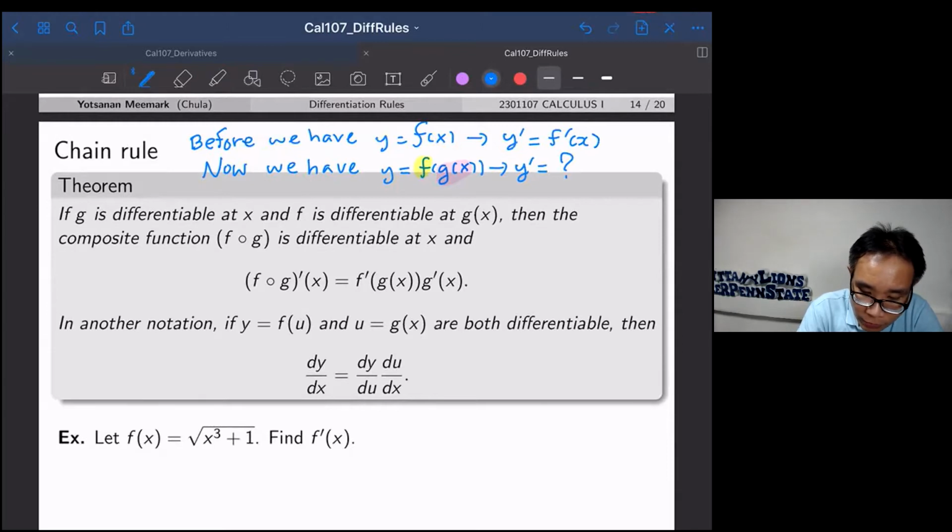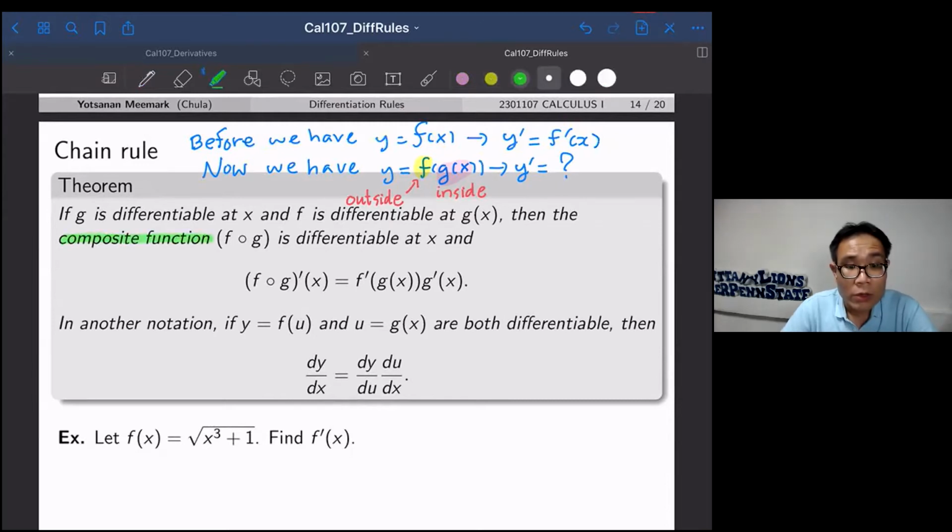When you have f of g of x, we're going to call g the inside function, and we're going to call f the outside function. So we have the function inside and the function outside, and we'd like to find the derivative of what is called a composite function. So this guy is a composite function.